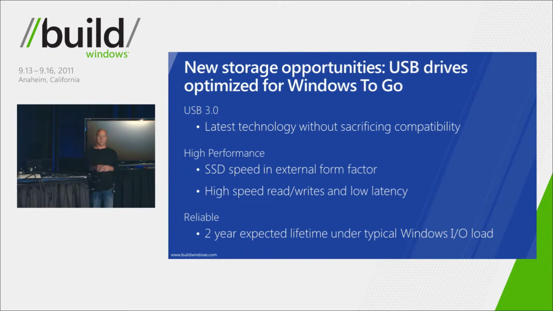Those really map to sequential writes. Fast drives are drives that are able to copy and read files very quickly. What we need for Windows To Go, because we're really running Windows off of a drive, is something that has the same characteristics of a drive you would see inside the machine. And what that really is, is an SSD.